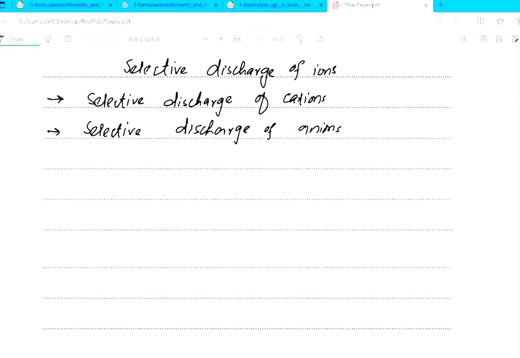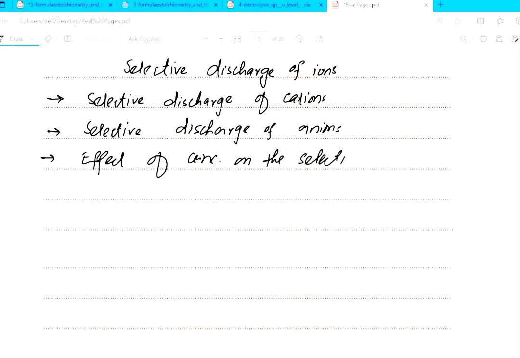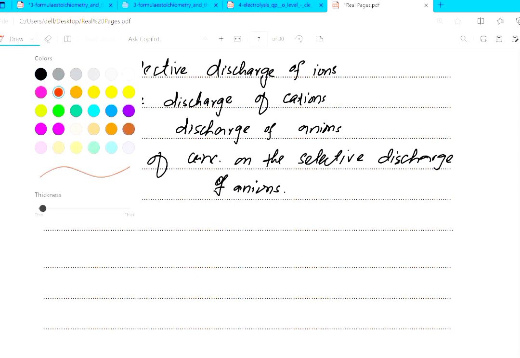And one more thing is there: the effect of concentration on the selective discharge of anions. Now we will study selective discharge of cations first.